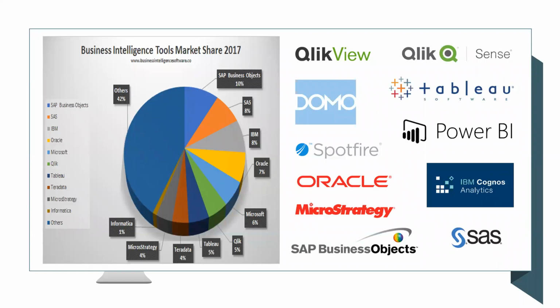So, these are certain business intelligence tools like QlikView, Tableau, Power BI, Oracle, SAS, and IBM Cognos Analytics. Here in this chart, what you see is the total market share of each of the tools: SAP Business Objects, SAS, IBM, Oracle, Microsoft, QlikView, Tableau, Teradata.